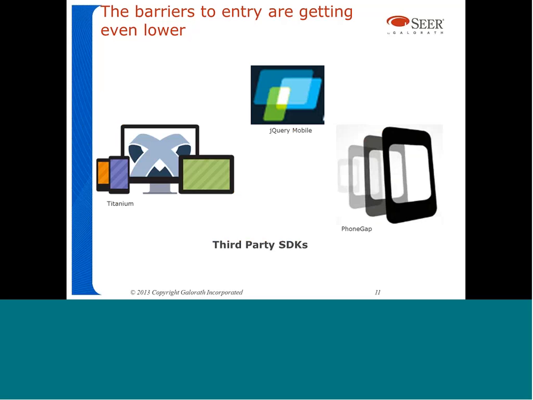Now, moving over, I mentioned native app development, but the truth is that non-native cross-platform app development is also very much evolving. These are probably three of the leading third-party SDKs that enable cross-platform development. Titanium, Accelerator Titanium, jQuery, and PhoneGap permit developers to build apps that run on generally all three of the major platforms. And BlackBerry permits you to run, with this latest version, they have a kit for moving Android apps to their platform.